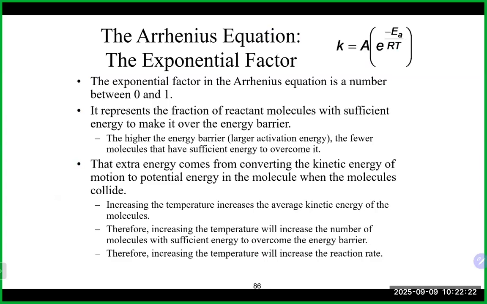Now, as I mentioned before, the frequency factor represents that proportion of reactant molecules that have enough energy to get up and over to the other side. As we talked about, increasing the temperature will increase the overall energy of the system and allow the reaction to occur faster.